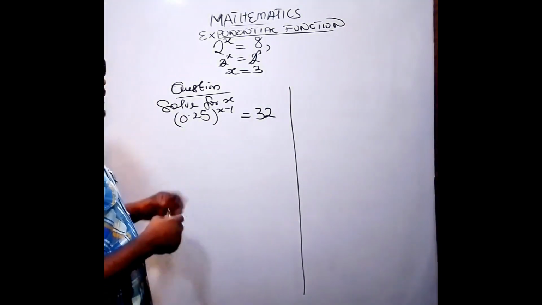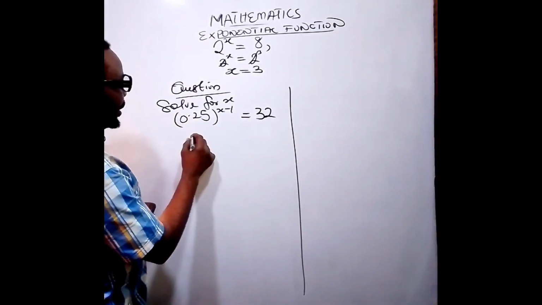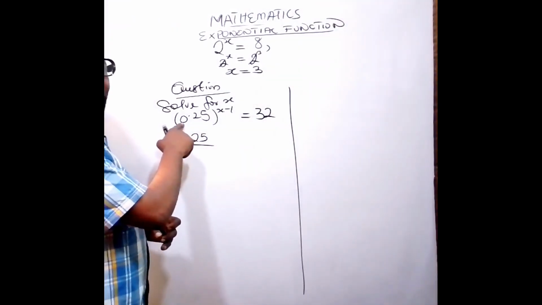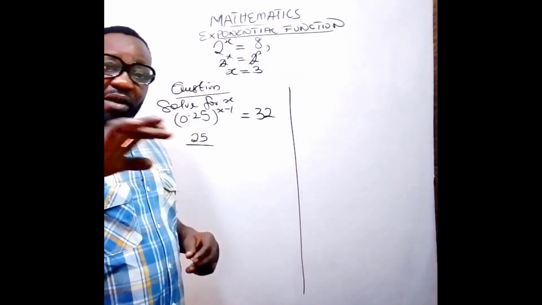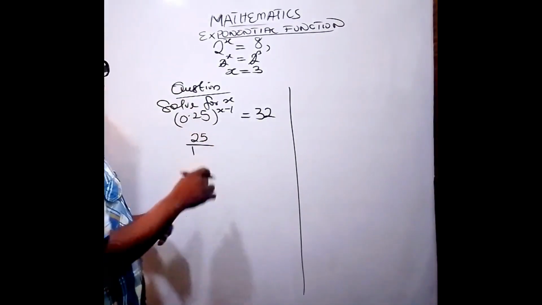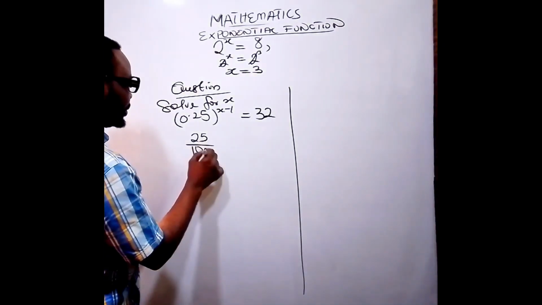Now, to convert 0.25 to a fraction, you write the number there, 25, over 1 for the digit before the point. Every digit after the point represents 0, 0, 0, 0.